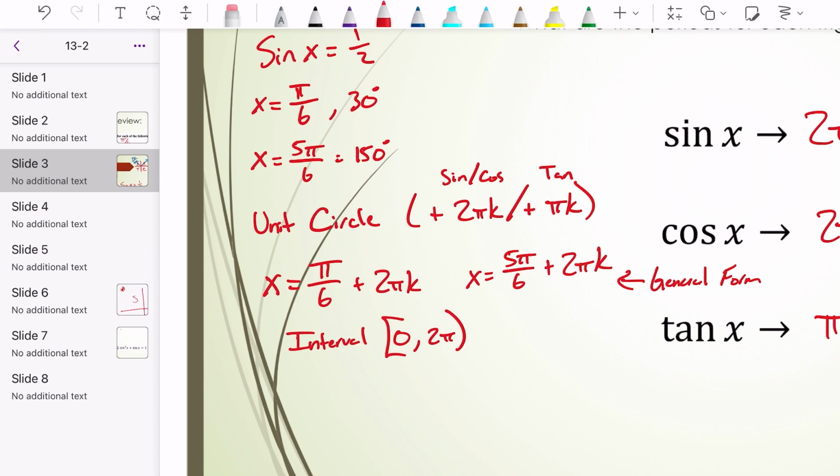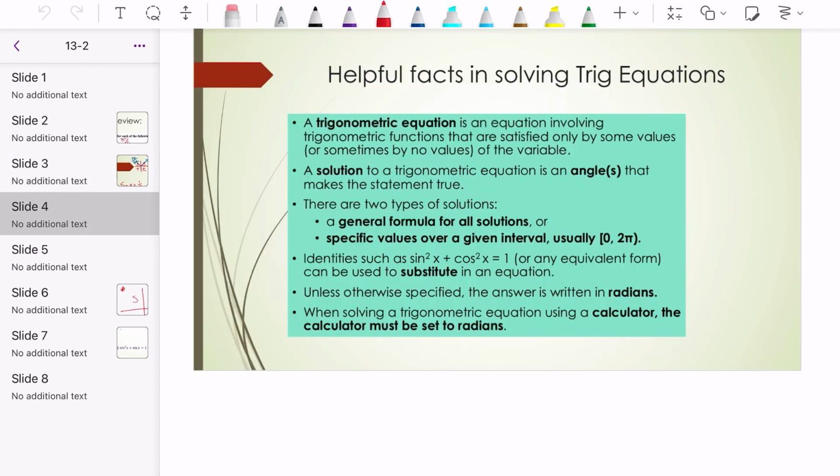Let's go ahead and take a look at slide 4. So some helpful facts for trig equations. The most important from this slide would be the two types of solutions. Here we have a general formula for all the solutions, or we have specific values that are given between 0 to 2 pi.